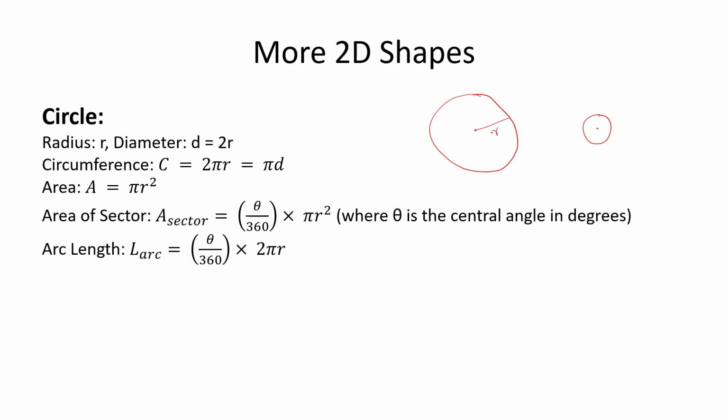This distance is known as the radius and we denote it by r. So this distance is radius. And this distance is the diameter. So here we have the center. Let me call C the center of the circle.